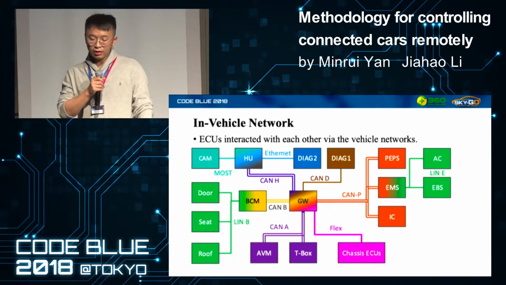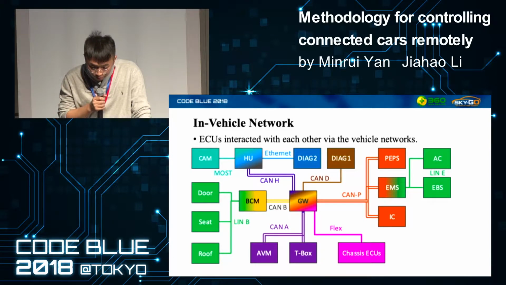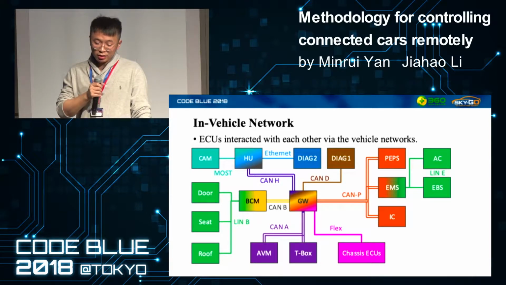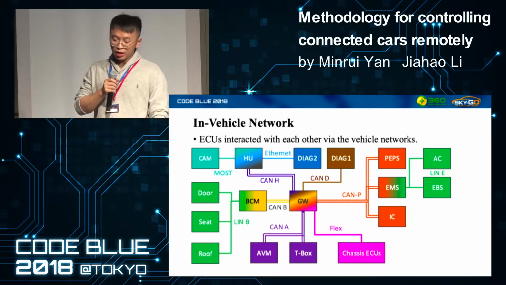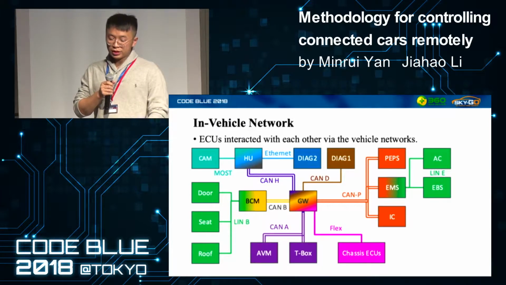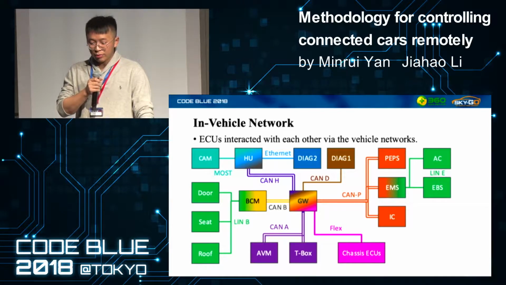The network connects ECUs. If you would like to monitor your car, you must know what an ECU is. However, the ECUs we talk about today do not include the engine control unit.